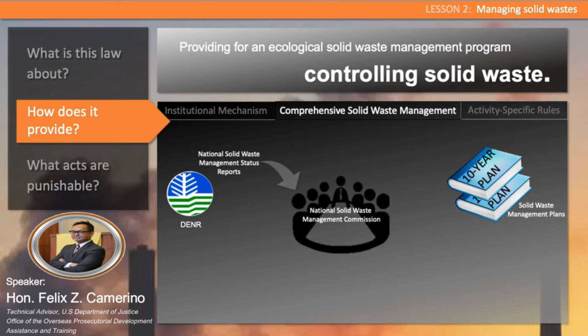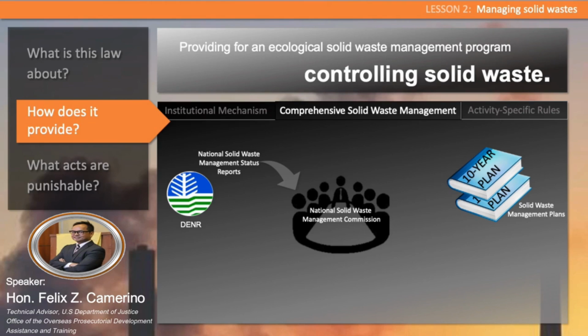Diba sabi natin there's 14 government agencies. The heads of many of these government agencies sit in their ex officio capacity. In other words, it's part of their job, okay, as secretaries, heads of those particular agencies, to participate in this commission.